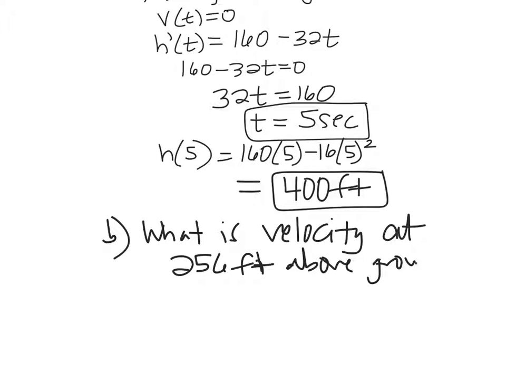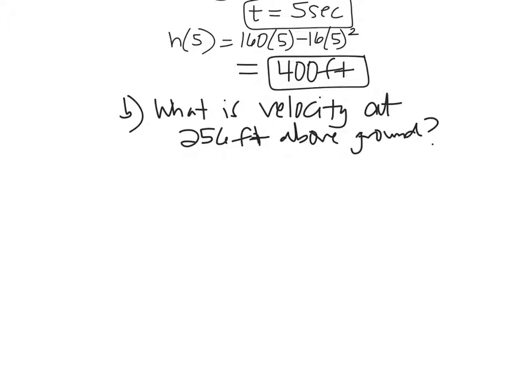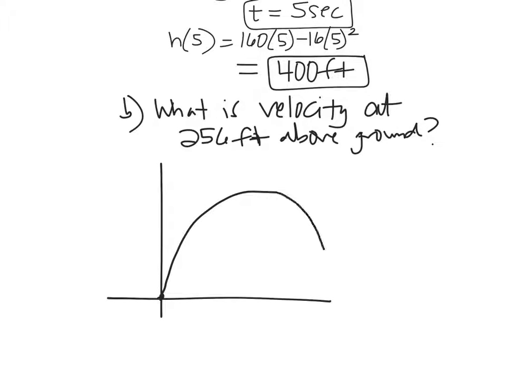Okay. Now, let me explain this to you. So basically, here's that rock, right? And it's blasting off, and it looks like this. And we found that this was 5 seconds. And this right here was 400 feet. Okay? So we want to find out what the velocity is when this rock is 256 feet above ground.